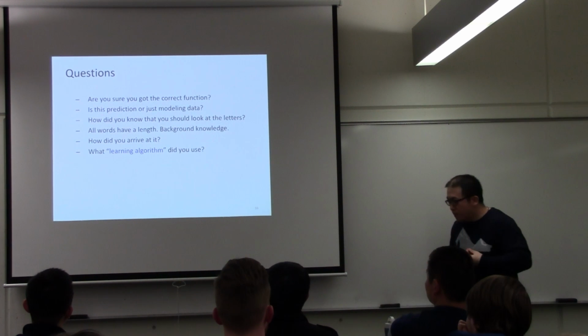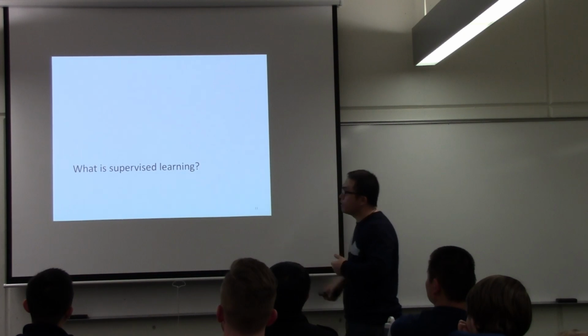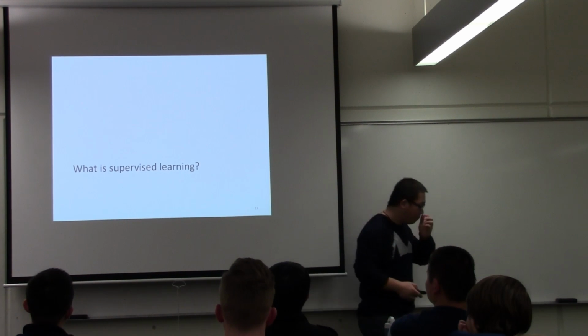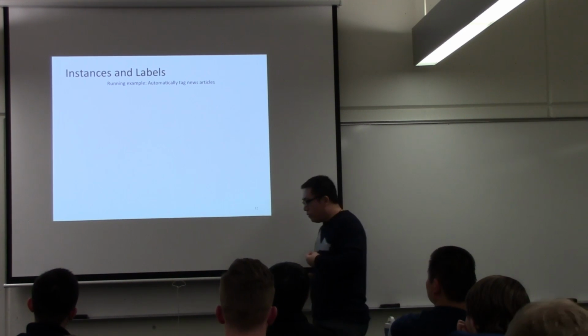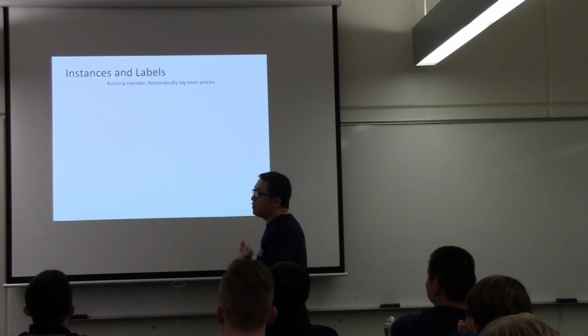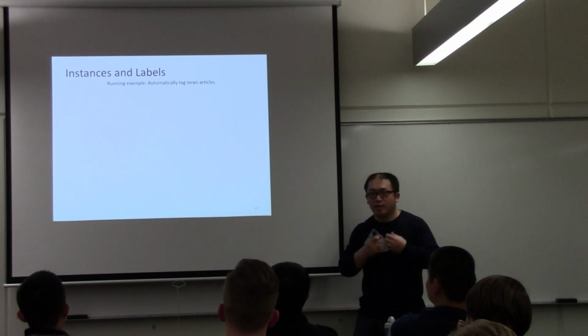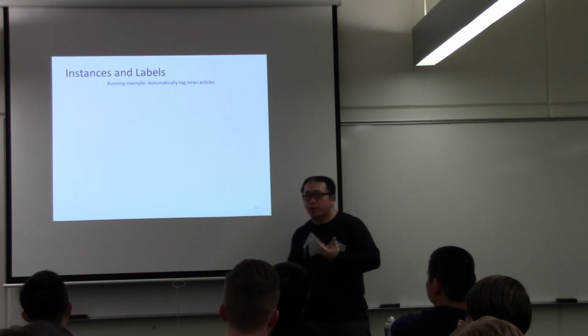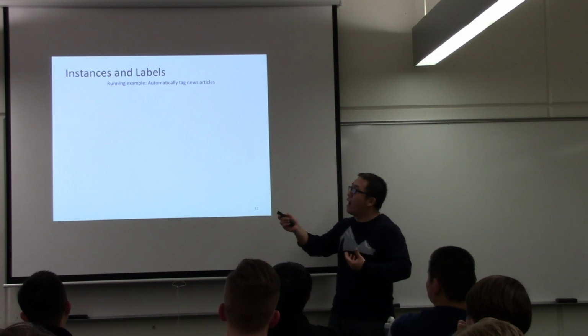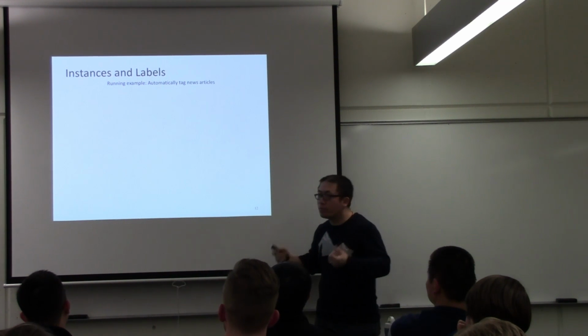So having those questions in our mind, let us look at what supervised learning is. By thinking about supervised learning, or by planning to use supervised learning to address our problems, we should first be very clear about what our instances are and what our labels are.